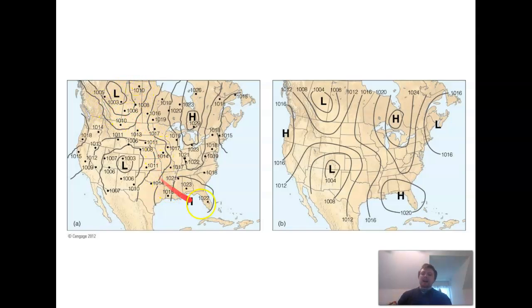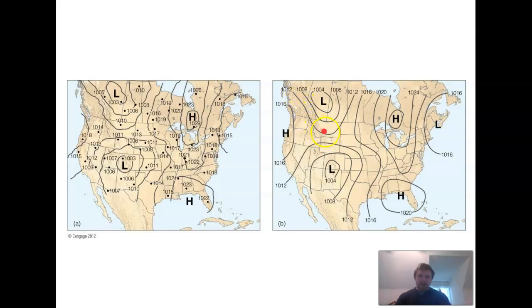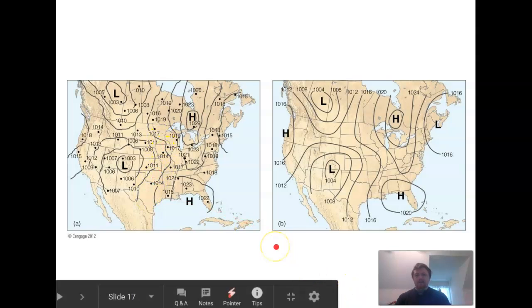And so you can make these contour lines, and basically this line represents a line of constant pressure. Everything here represents 1,016, but practically what you do is you go through and you say, well, if here's 1,008 and here's 1,019, 1,016 is going to be somewhere in between here, so I can piece that together where those values are going to go, and now this is the contour map.